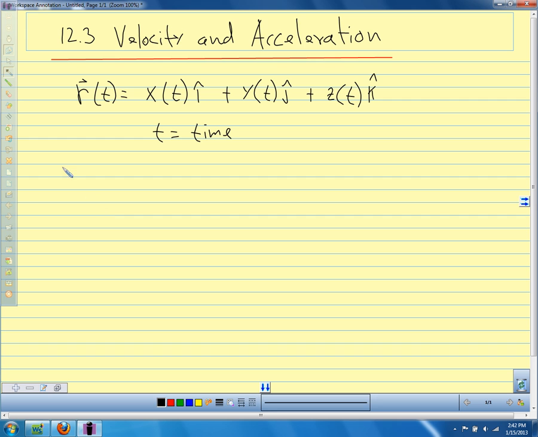So if we think about a vector valued function this way, then r prime is going to be our velocity vector.